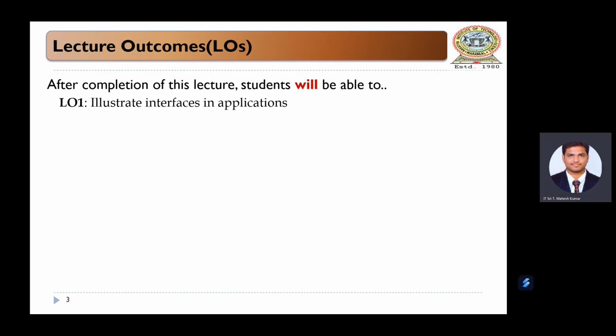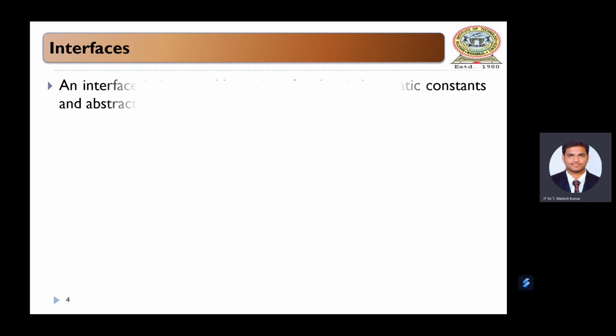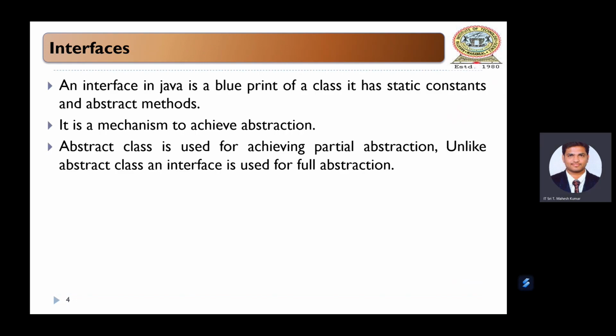The outcome of this particular topic is that you are going to illustrate an interface while developing Java applications. We'll start with what we mean by an interface. An interface is a blueprint of a class. It consists of static constants and abstract methods.